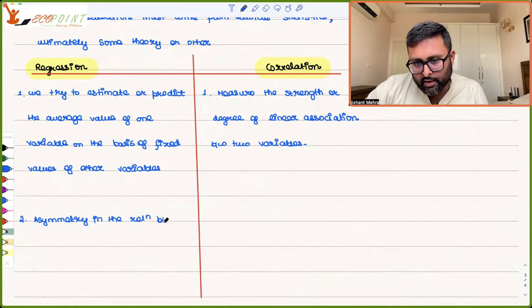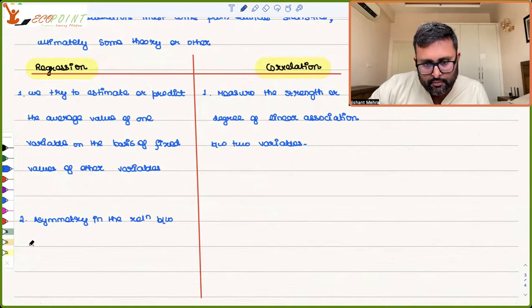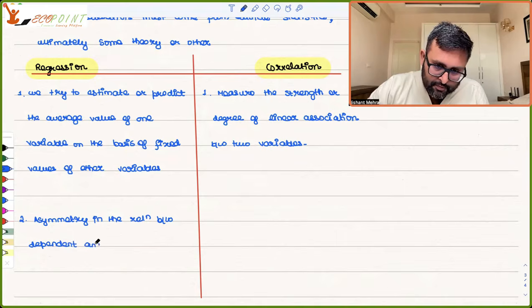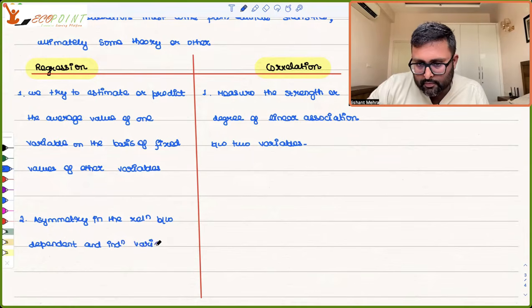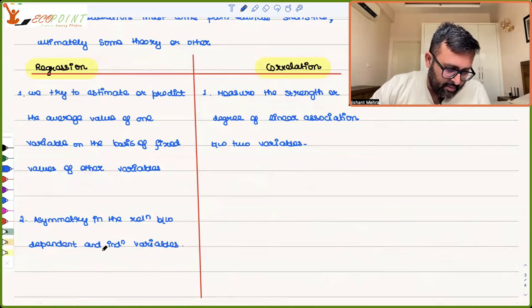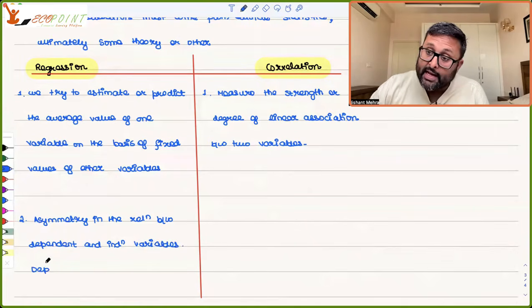The relation between dependent and independent variables. So dependent variables, they are treated as random. They are treated as stochastic.